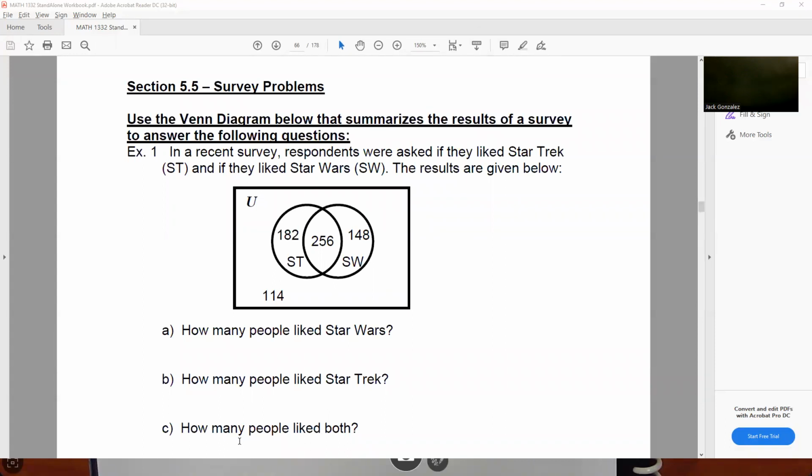Okay. How many people like Star Wars? But there's also people who like both, right? So we'd have to. Well, the question is, does this 256 include the 148? Can you tell?